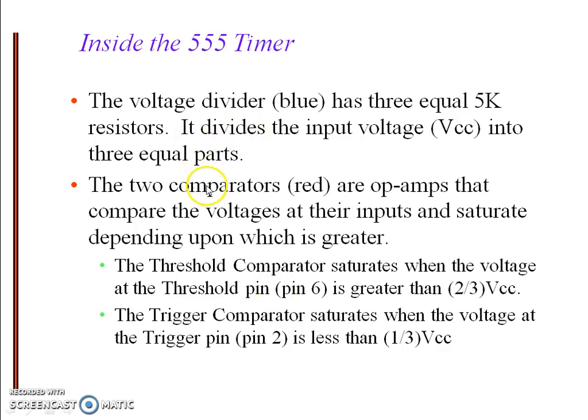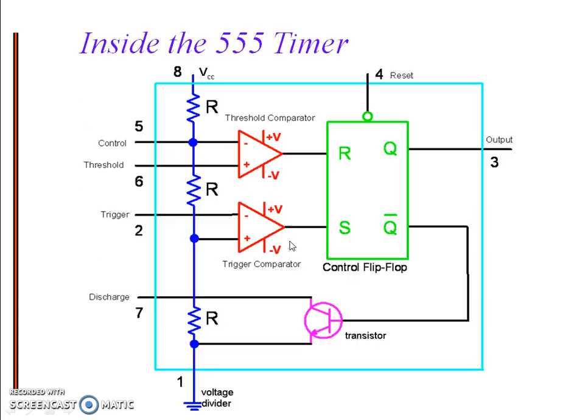As we have seen already, the voltage divider has three equal 5 kilo ohm resistors. It divides the input voltage VCC into three equal parts. The two comparators are op amps that compare the voltages at their inputs and saturate depending upon the value of the input. That is, the op amp acts as a comparator in open loop.